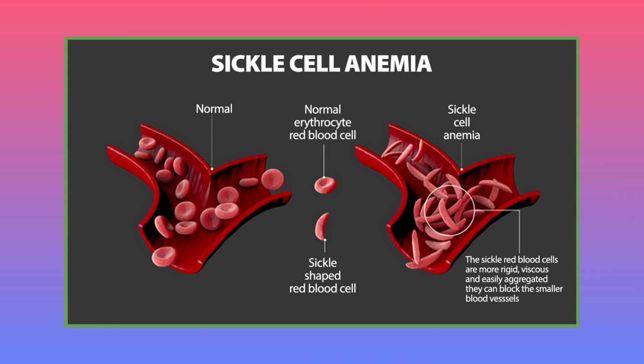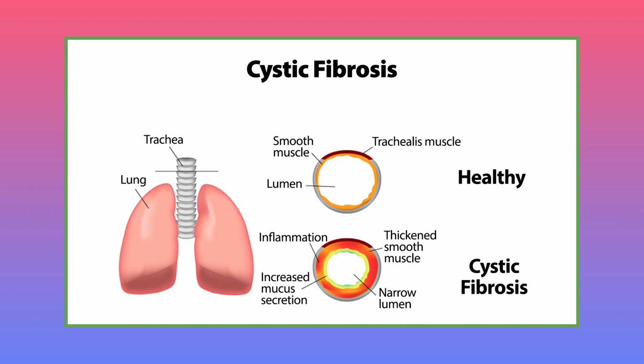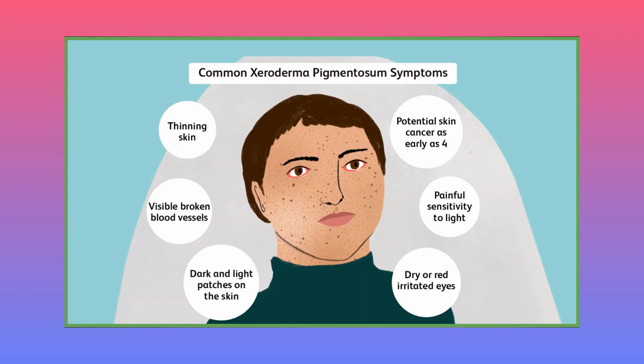Dominant diseases manifest in heterozygous individuals, while recessive ones are sometimes inherited unnoticeably by genetic carriers. Examples include sickle cell anemia, Tay-Sachs disease, cystic fibrosis, and xeroderma pigmentosa.